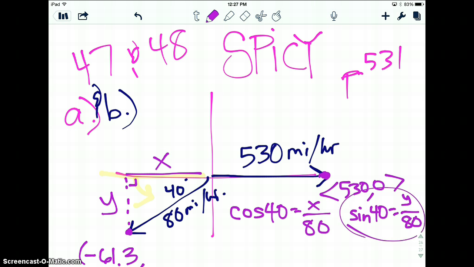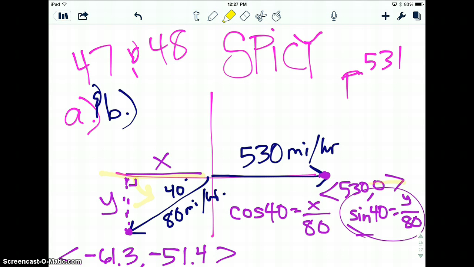And then if I calculate sine of 40 times 80, I did go down to get there, so it should be a negative number. That's the only thing you have to keep in mind. And I did end up writing this wrong. Maybe you did too. I'm not going to use parentheses because I'm representing a vector, so I'm going to use those arrowheads.